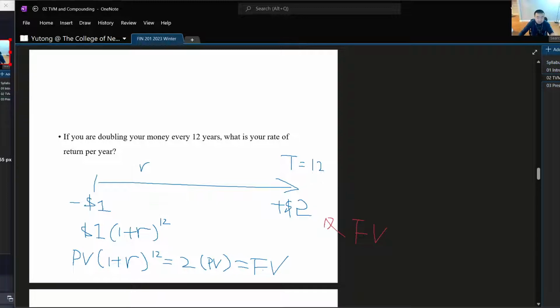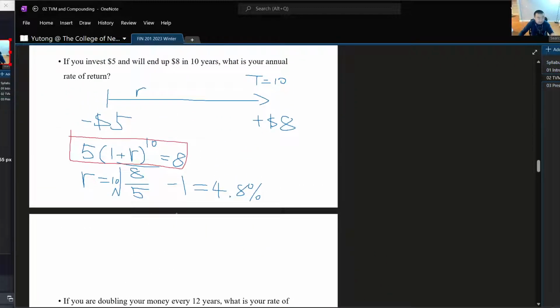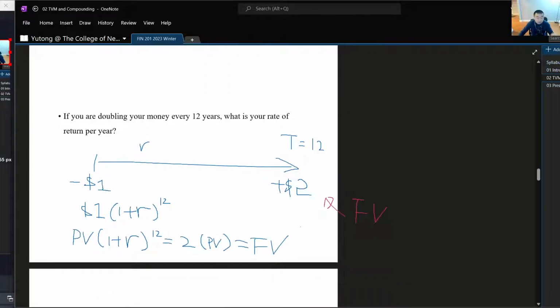You should probably be able to solve it because this is the same idea as the previous question. You can try to solve it yourself, and R should be 5.95%. I hope you get the same answer.